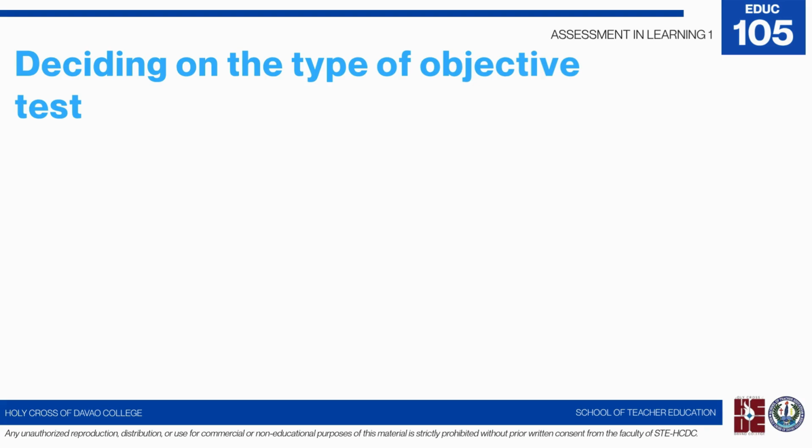And of course, for creating, remember that we cannot make a multiple choice item or even a selected response type of test in a creating level. The word there is create. So there should be a production of new or original piece of what they have learned. So a good example that we can ask them to do is through essay. Example, they can make their own, or it could also be through enumeration, but with justification, or that will still fall under constructed response.